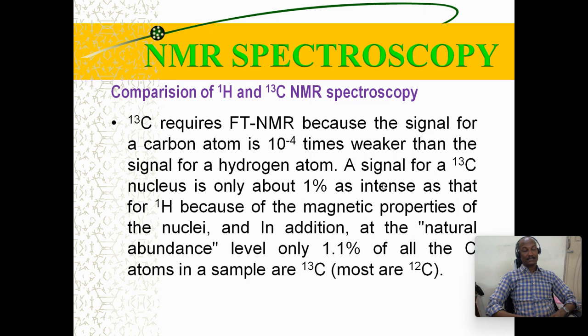Generally, in synthetic organic chemistry, medicinal chemistry or pharmaceutical chemistry, if we synthesize one compound, the first step is to go for the proton NMR. If you get a good peak with a good structure of that molecule or novel structure, then you can go for the second type, which is C13 NMR.